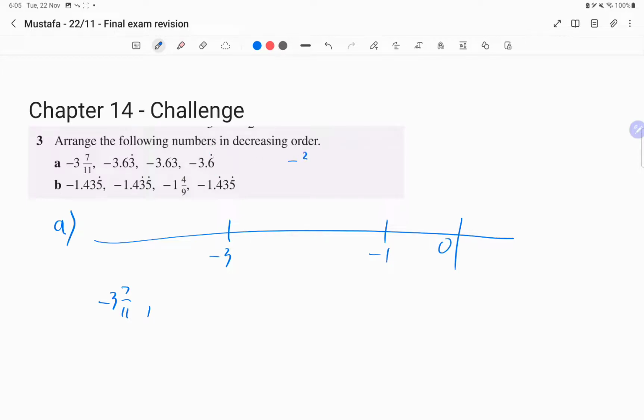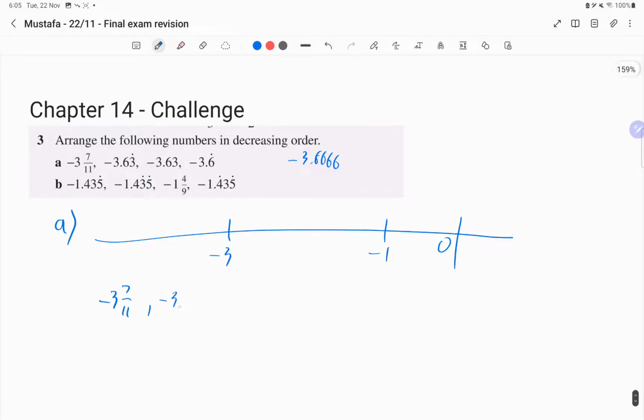Yeah. So that's negative 3.6666. Oh, no, negative 3.63. Yes. And then negative 3.63 recurring. Yep. And then negative 3.6 recurring. Yeah, that's right. Okay, so watch out. If it's negative and you are looking at the decreasing order, you want the largest first, which is the smallest negative number. Yeah, so it's a little bit tricky.